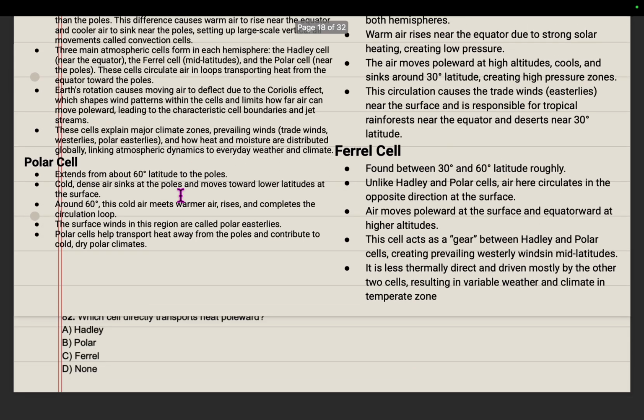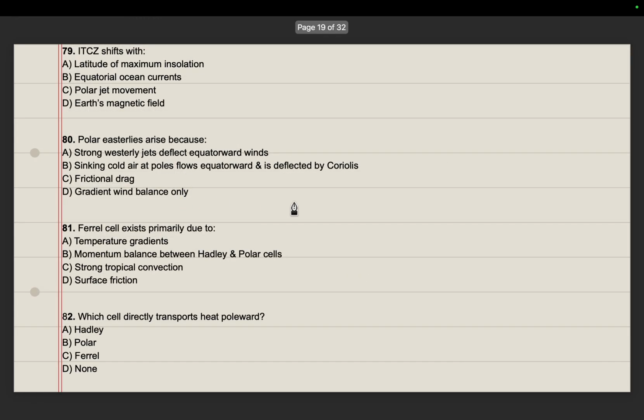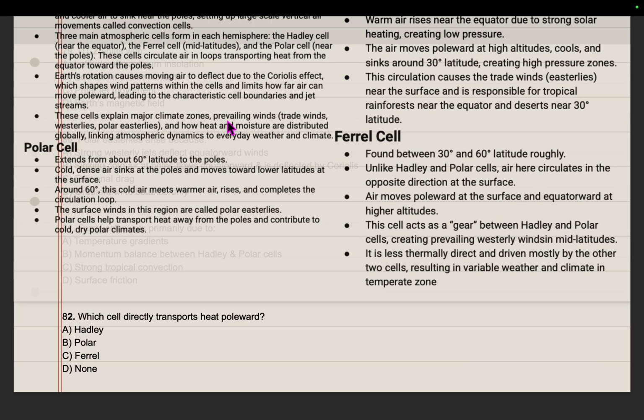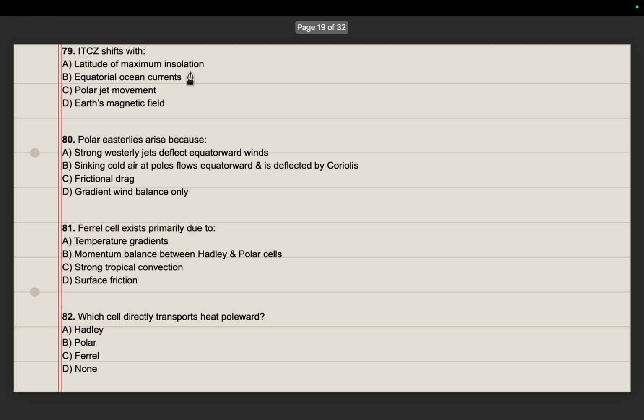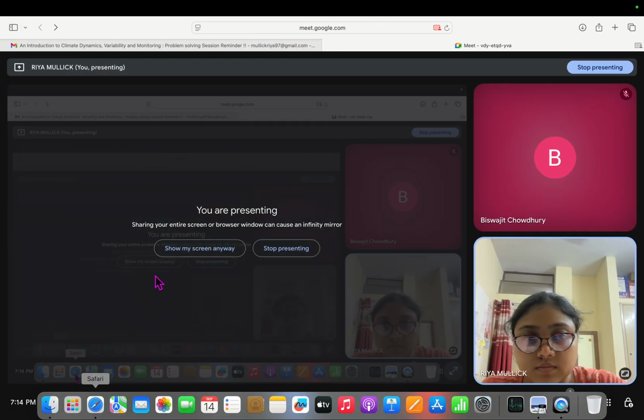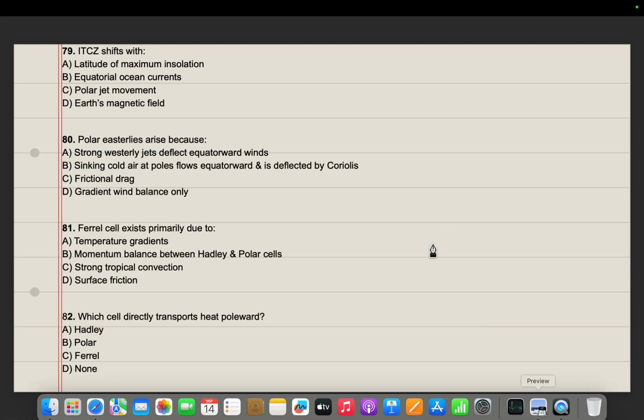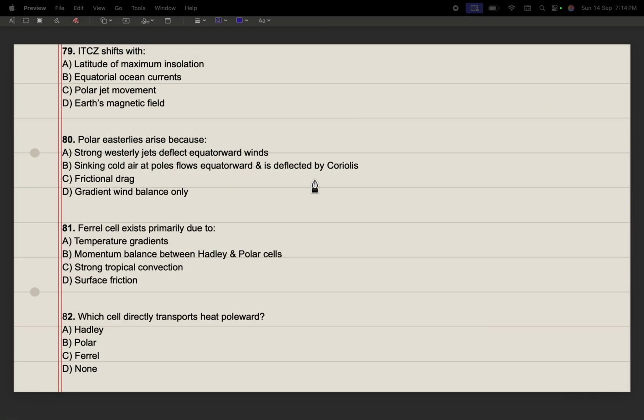Now we have discussed this. This ITCZ, or intertropical convergence zone, shifts with what?